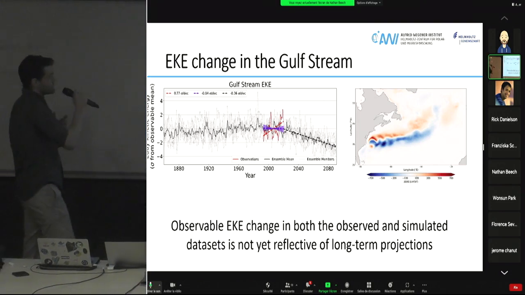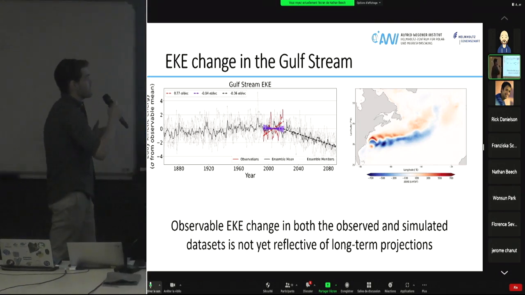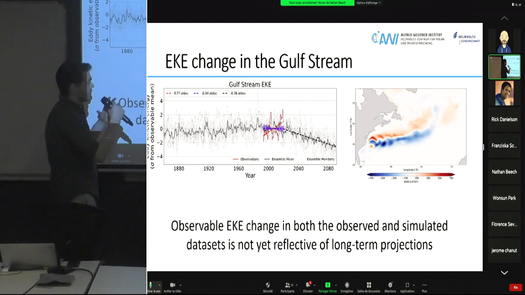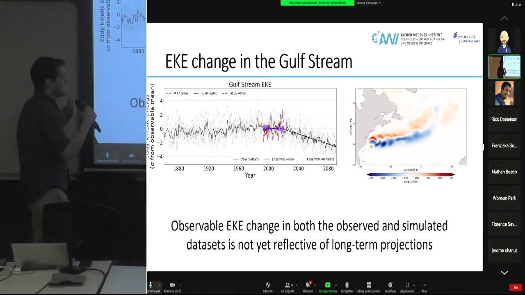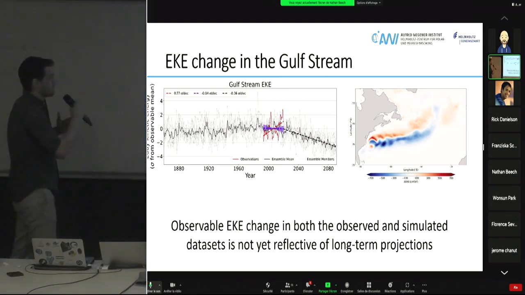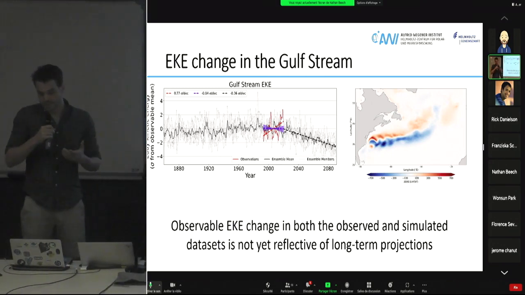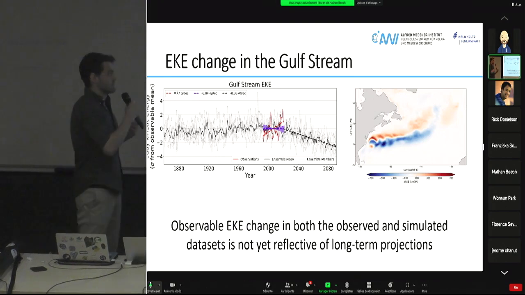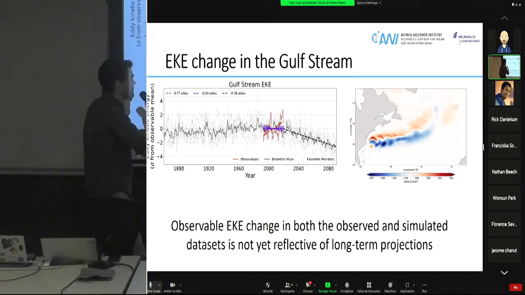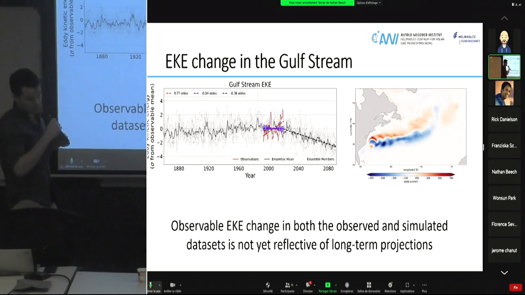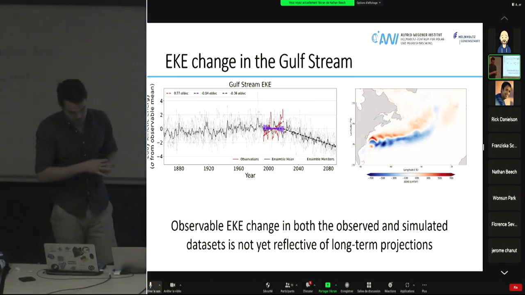And so, although it doesn't really look like it at first glance, the data sets are in somewhat of agreement in that they are both inconclusive during this period. And so what's interesting is that the long-term decline that we see may begin soon as the observational record grows.